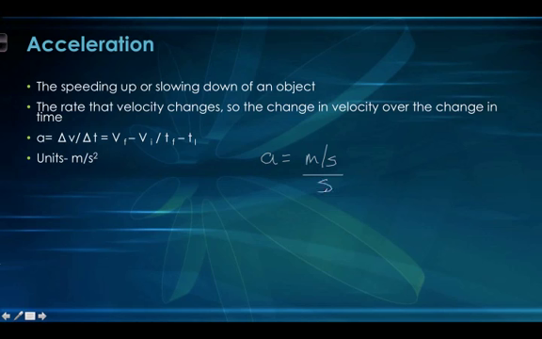So acceleration is the meters per second divided by seconds, which is the same thing as saying meters per second times 1 over a second. So you have meters times 1, which is meters, and seconds times seconds, which is seconds squared.